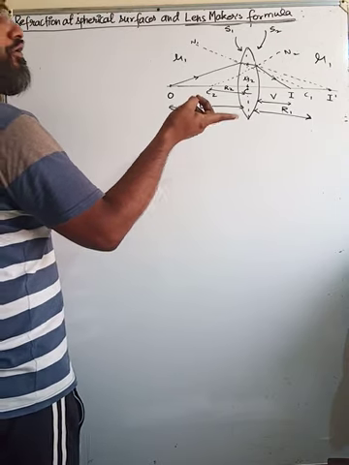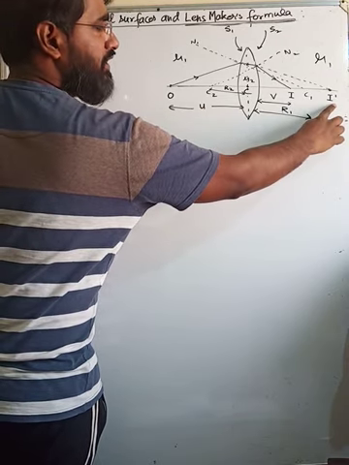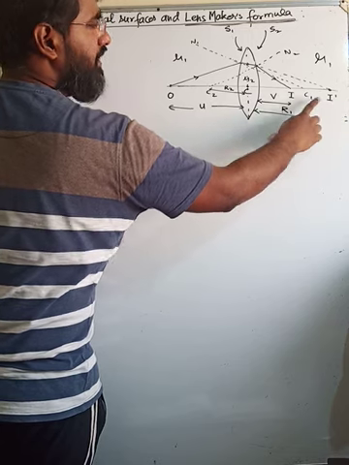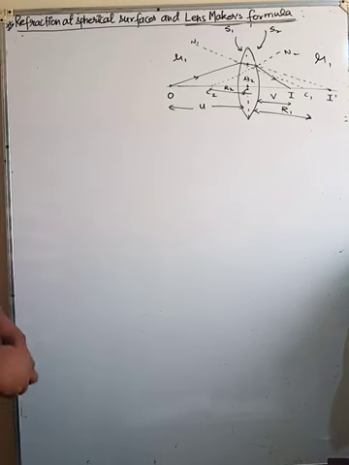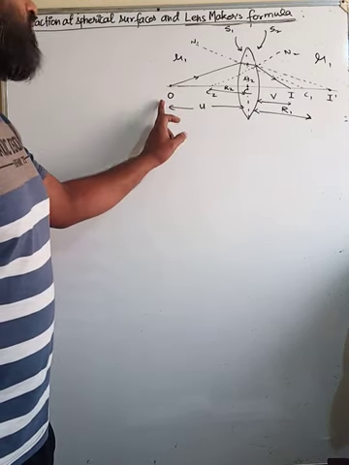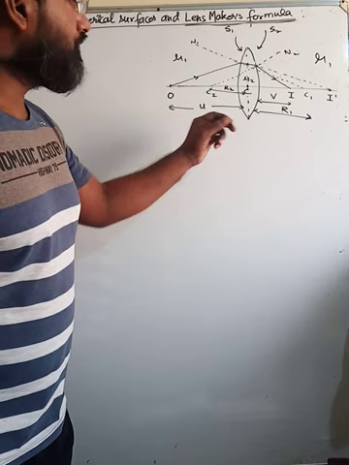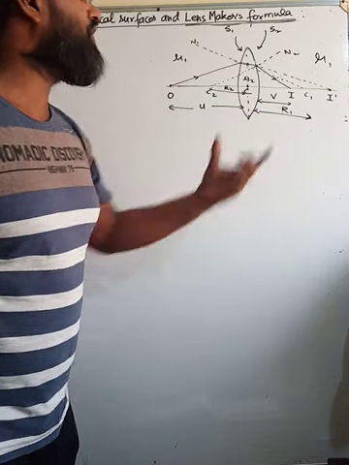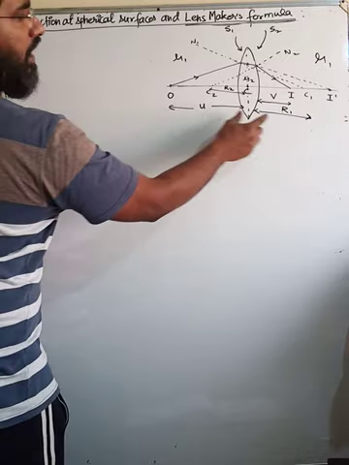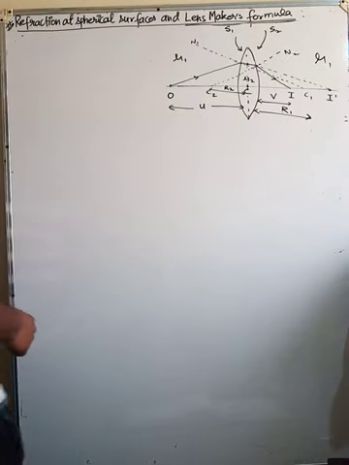For surface number 2, this image acts as the object, and the final image is formed at I. So these are the distances: object distance U, final image distance V, and R1 and R2. Let us write the equations as we have written for refraction at spherical surfaces.